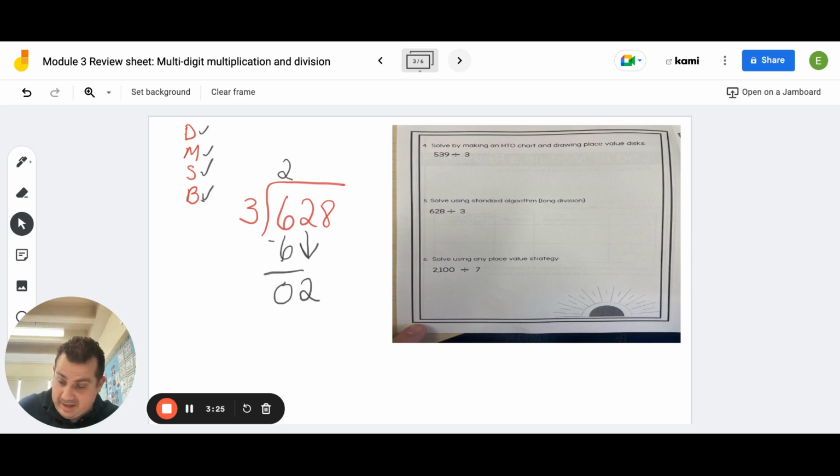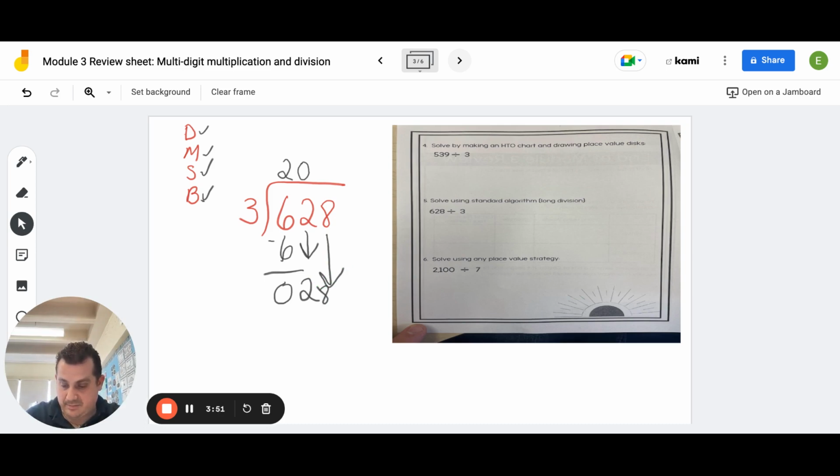So can 3 go into 2, which would be 2 divided by 3? No, it can't. So since it can't, you're going to put a 0. Now I don't have to do 3 times 0 is 0, bring down the 0, subtract 0. I could just leave it at 0 and now bring down the 8.